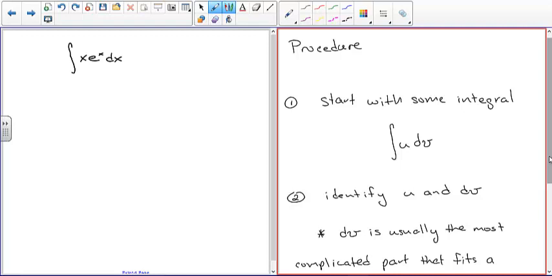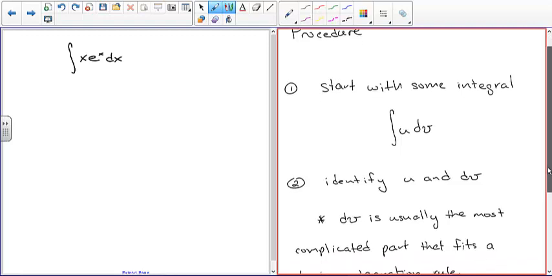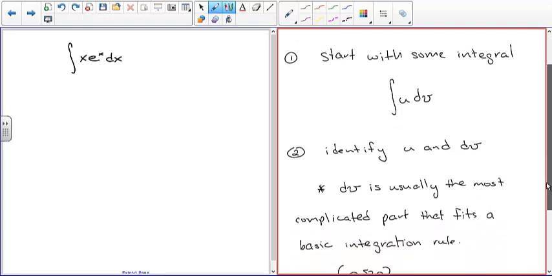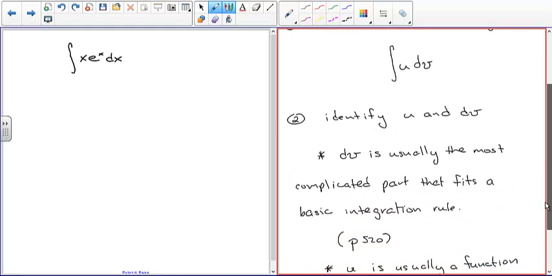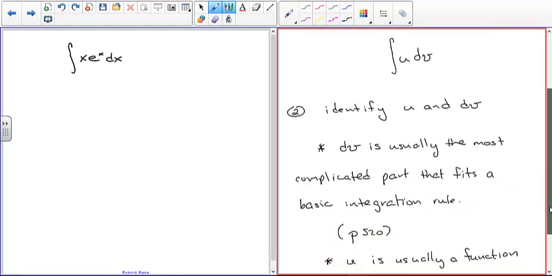So the rule is dv is usually the most complicated part that fits a basic integration rule that you can find on page 520 in your book. It's the same as the list of all the integration rules in the front of your book.